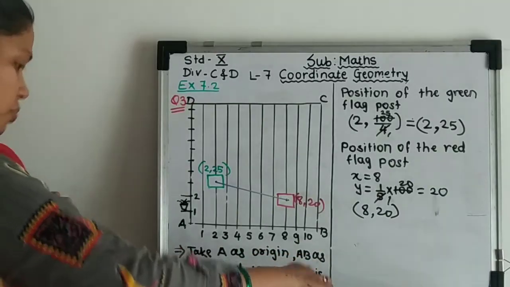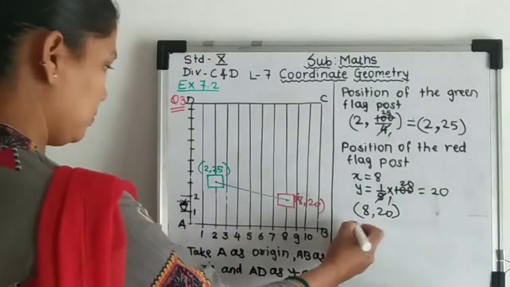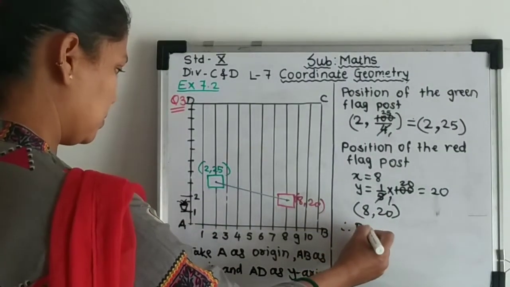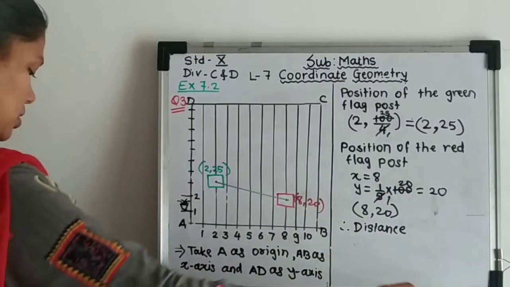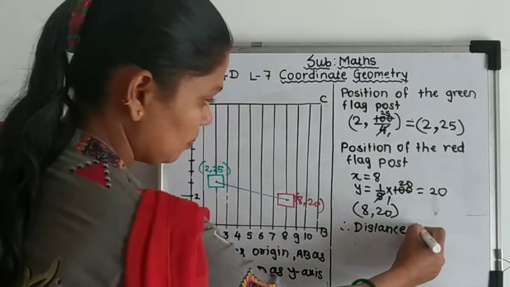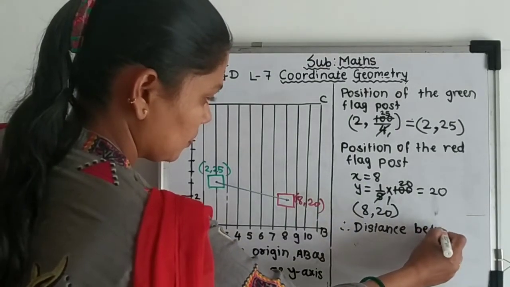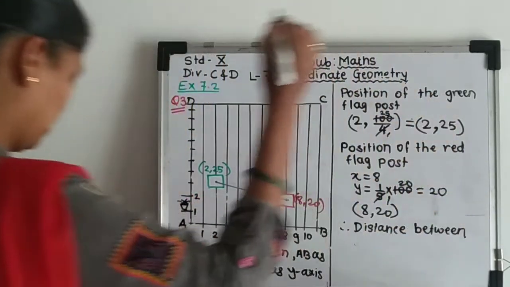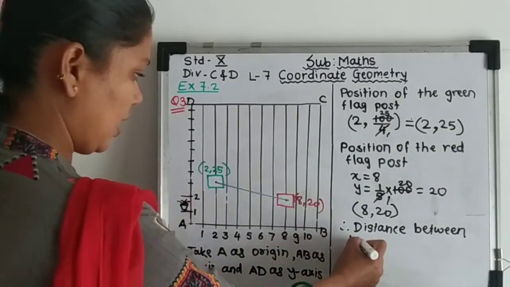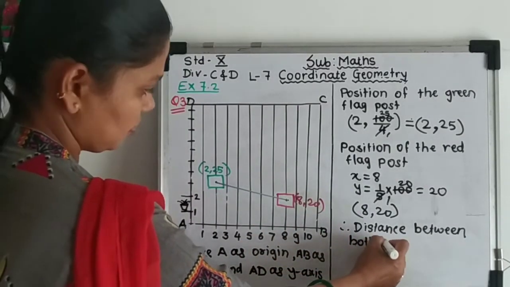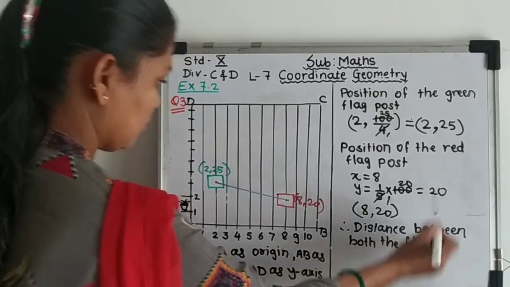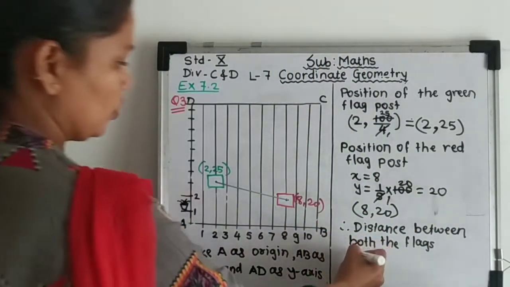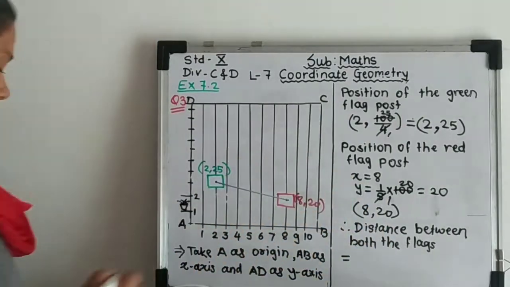So the distance between both the flags equals, by the distance formula.